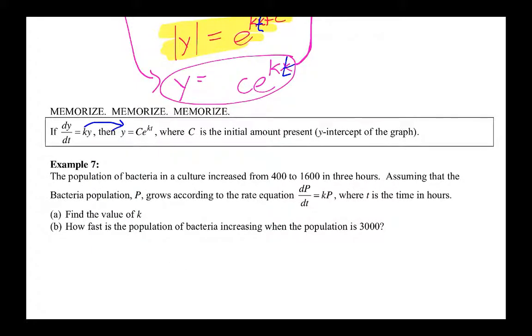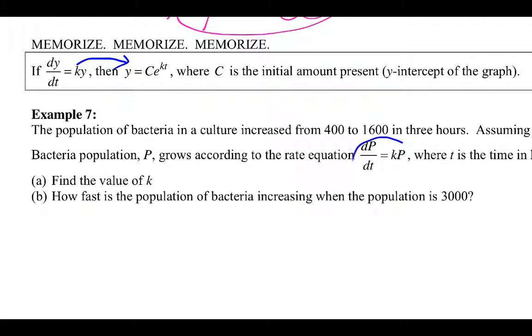So I'm going to give you a little hint. If I say dp over dt is kp, your brain goes, oh, I got this. That means p equals ce to the kt. Instantly, like you know that's your antiderivative without having to go through all the work to get it.